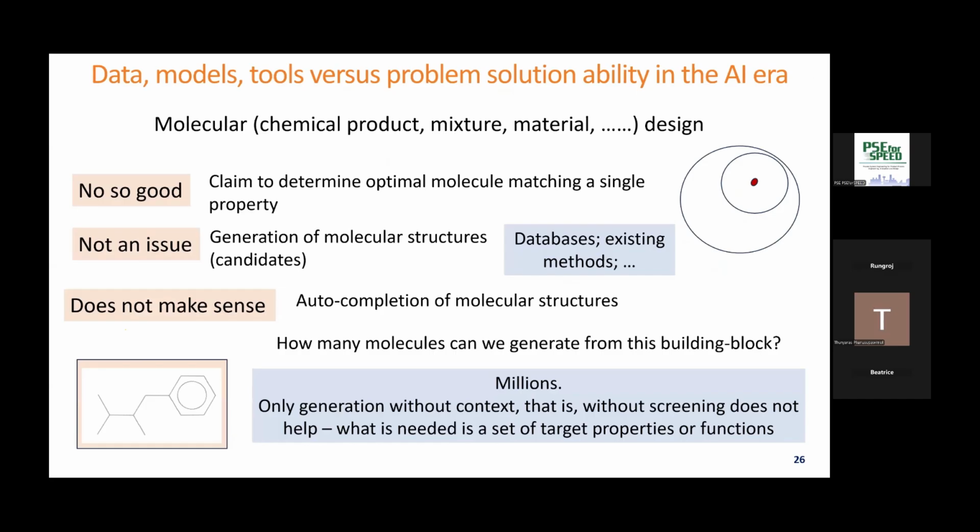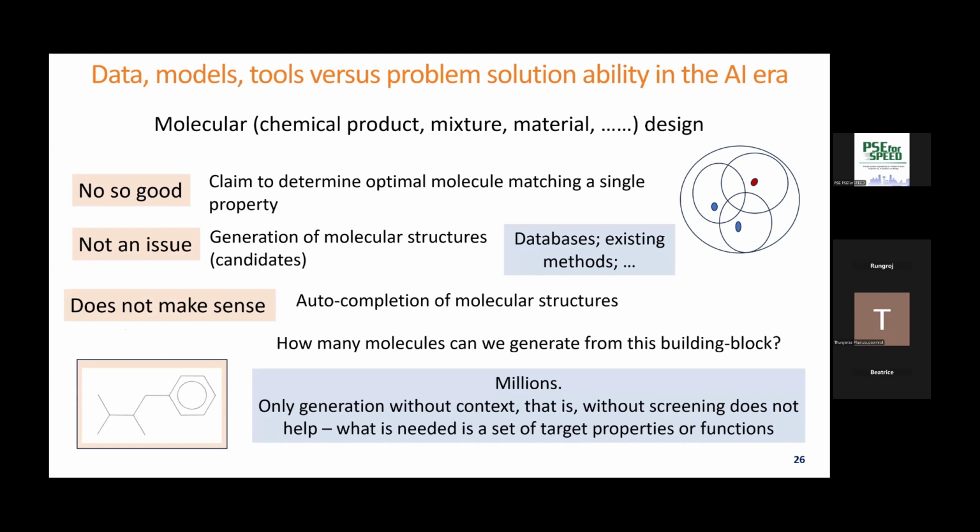Similarly, we can say with respect to the product, if we are trying to optimize, and many of the claims are that they have optimized the product with one property, but it is seldom that one product is defined by one property or one function. If I put two functions, the optimal solution may change. If I put three functions, the optimal solution may change.